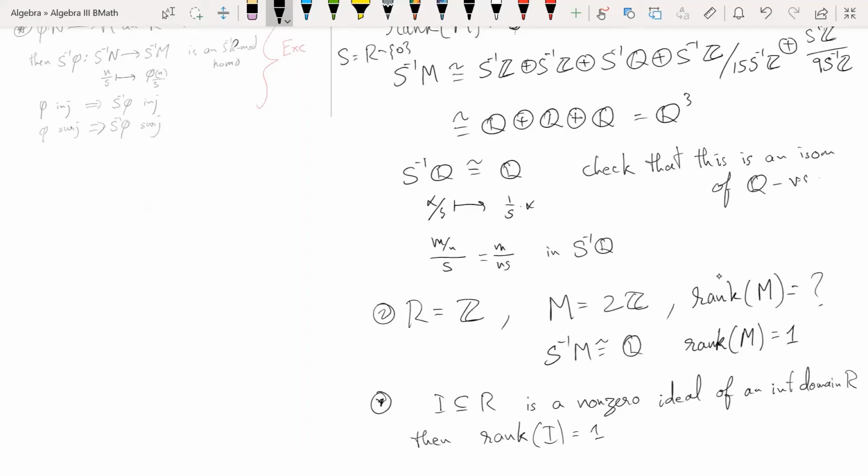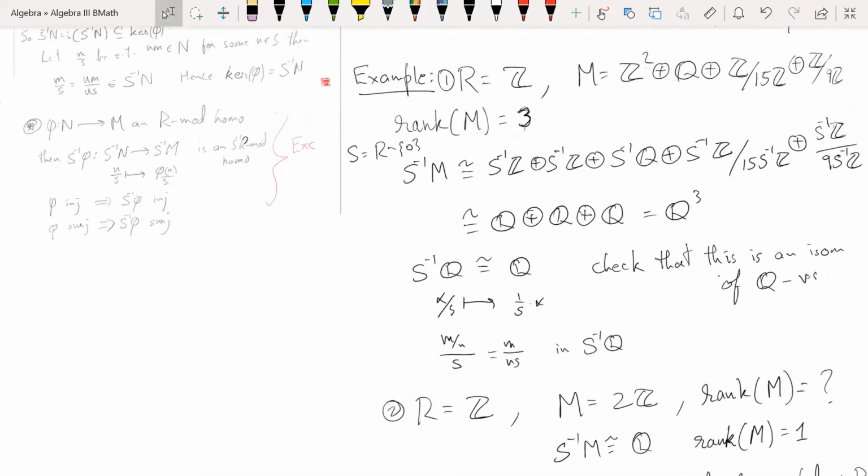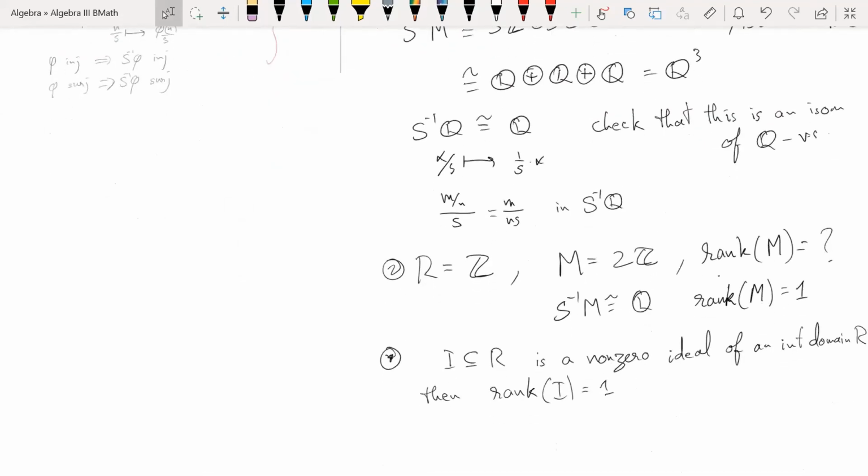So S inverse I becomes the same as S inverse R, because some non-zero element of I becomes invertible. That's the argument we used here as well. So it is one-dimensional as an S inverse R vector space, or K vector space, where K is the fraction field. Any questions?